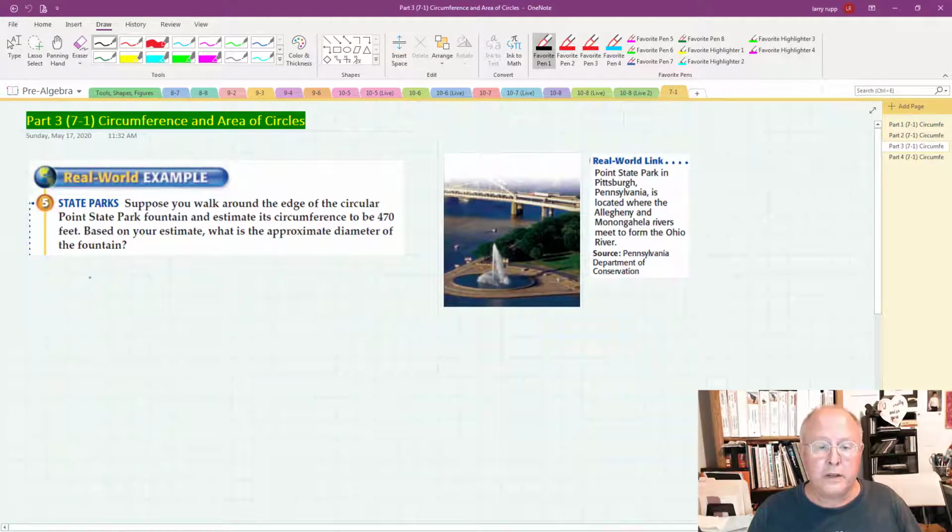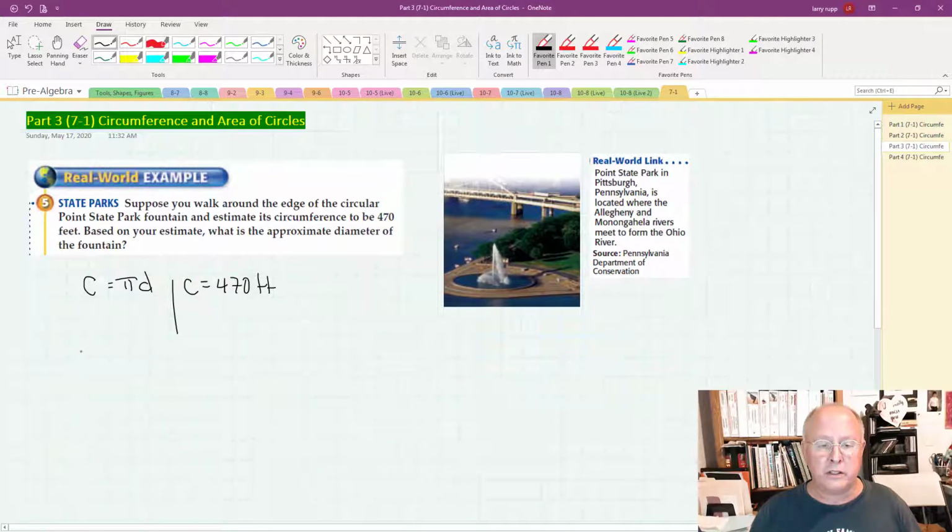Okay, so we know that the circumference of a circle is equal to pi times its diameter. They want to know what the diameter is based on a circumference of 470 feet. Okay, so the circumference is equal to 470 feet. So they want to know what d is. Now, there's two different ways you can solve this problem, all right? And either one works okay. I'll give you the first method first, okay?